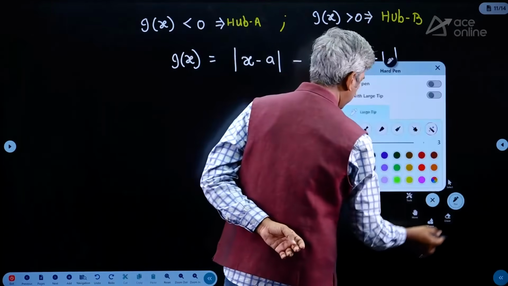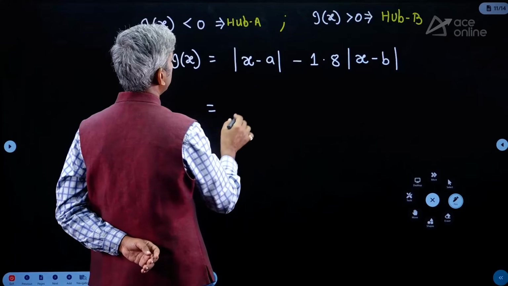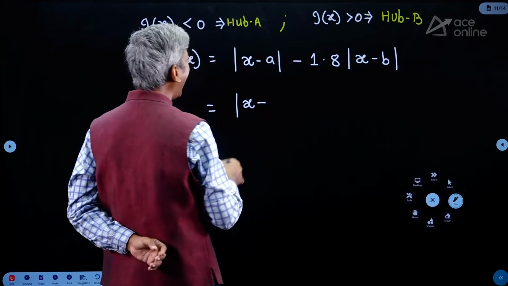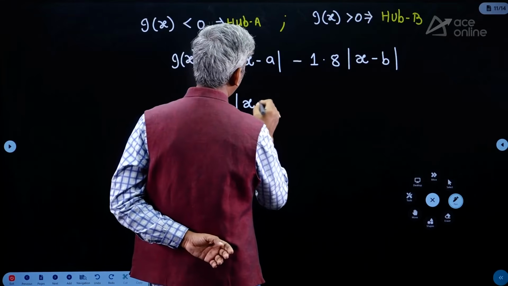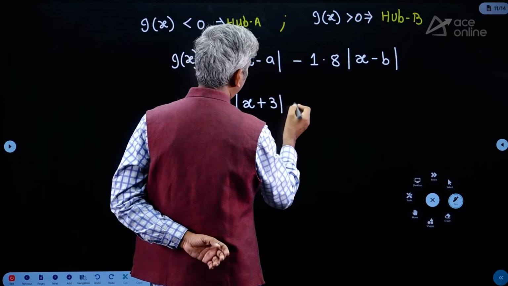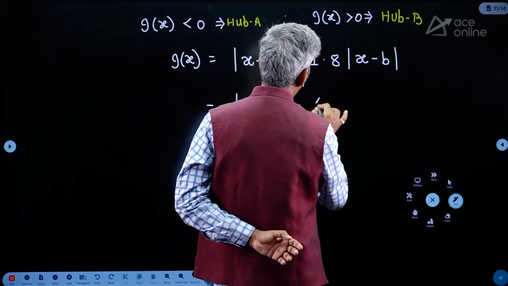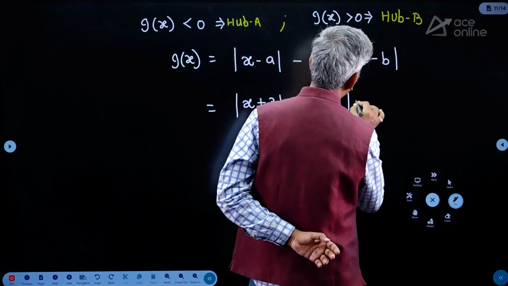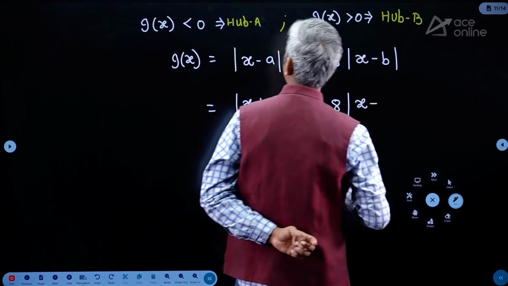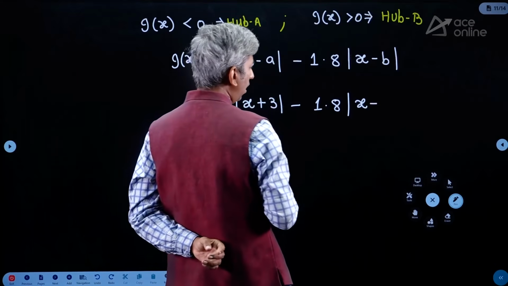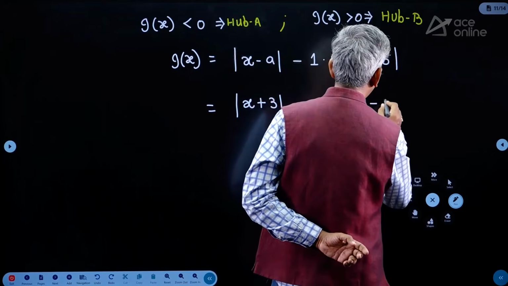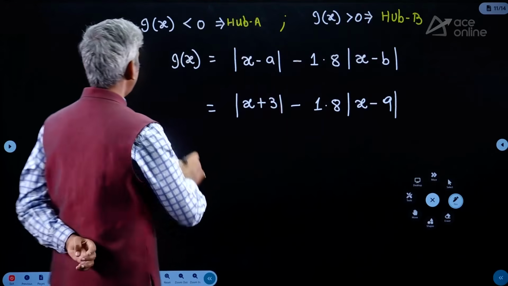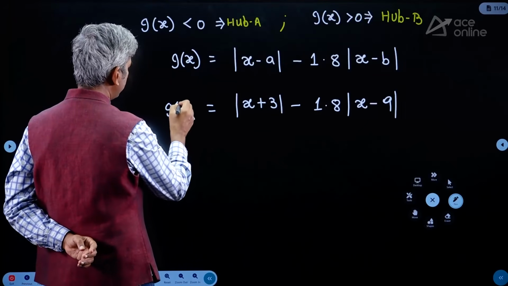So this is equals to absolute value of x minus a, means minus of minus 3, x plus 3, minus 1.8 times x minus b. X minus, that b value is 9, right? This is your g of x.